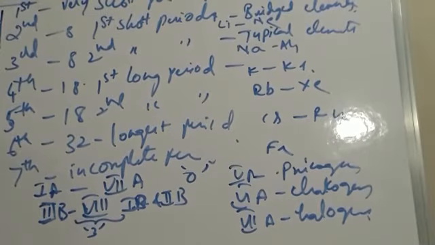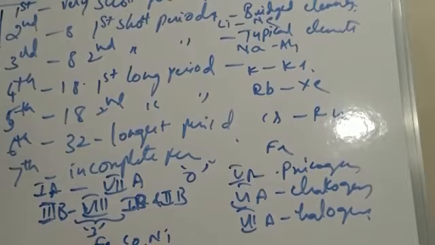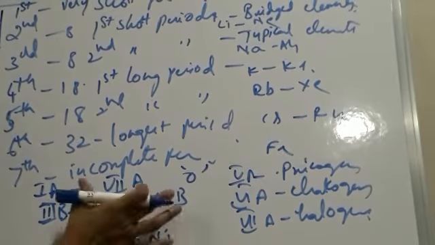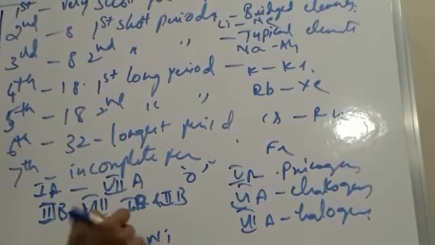What are transition triads? Iron, cobalt, nickel, ruthenium, rhodium, palladium, osmium, iridium, platinum. These are placed in the 8th group, as in the modern periodic table also.